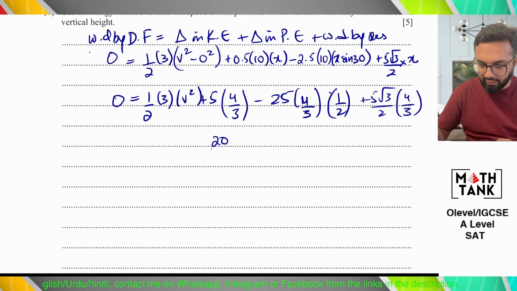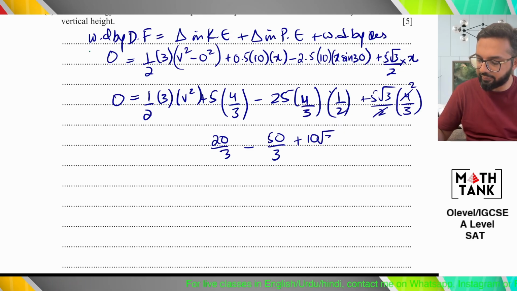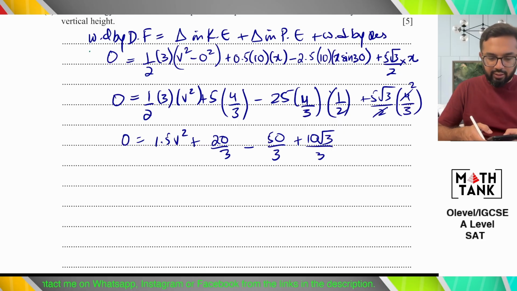That's 20 over 3 minus 50 over 3, and that's 10 root 3 over 3. So 1.5 v squared equals 20 over 3 minus 50 over 3 plus 10 root 3 over 3.